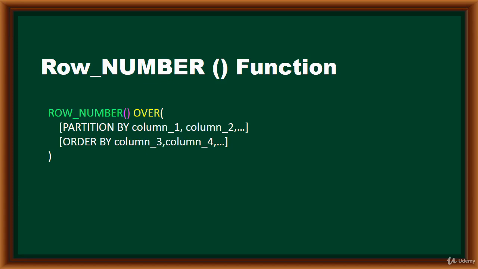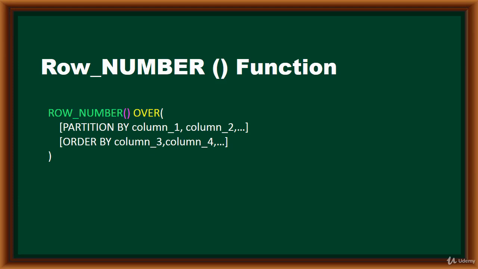The set of rows that the row number function operates on is called a window. So the partition by clause will divide the window into smaller sets or partitions.